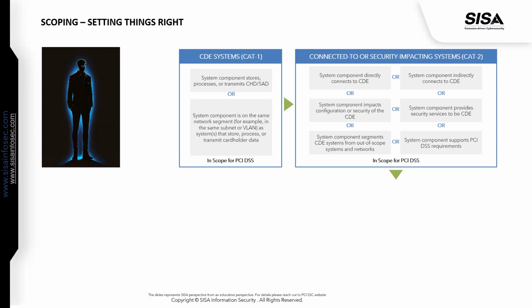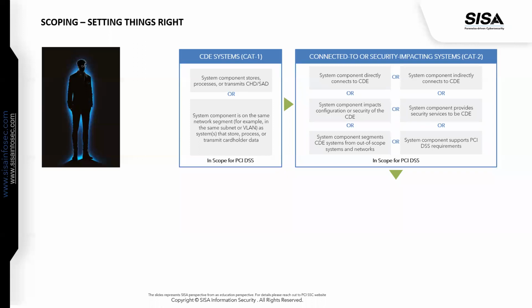And that is the reason why anything in CAT1 and CAT2 both falls under the category of cardholder data environment. This is the inventory of the systems which you need to maintain and keep updated, and based on the PCI DSS requirements, you need to implement the controls for this entire CAT1 and CAT2, right?